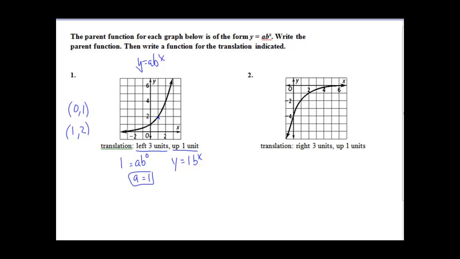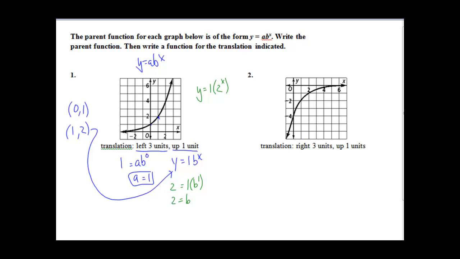So we're going to take this second point and plug it into the equation again. We have 2 for y, we have 1 for x, b to the first. 1 times b to the first is b, so b equals 2. So our original function is y equals 1 times 2 to the x. That's the original function.